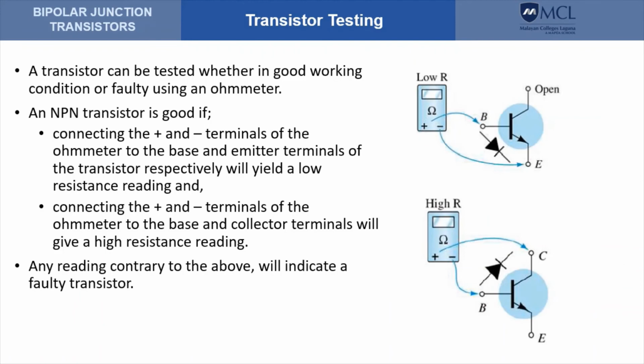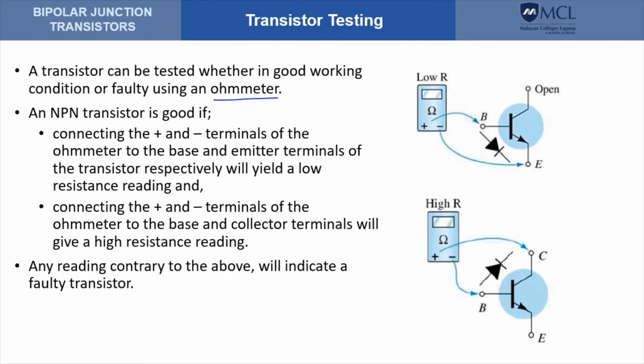It is actually important to know whether a transistor is in good working condition or broken. So this can actually be tested using an ohmmeter. An ohmmeter is a device that tests the resistance of a resistor, but it can also be used to check the condition of a transistor.